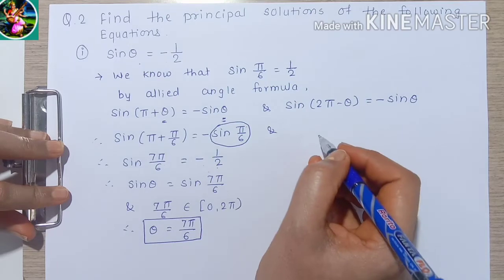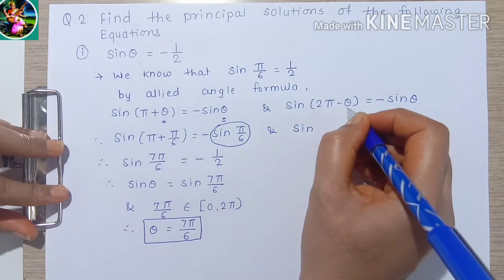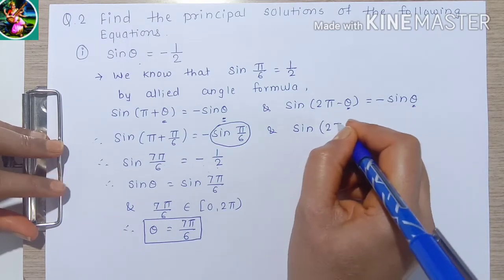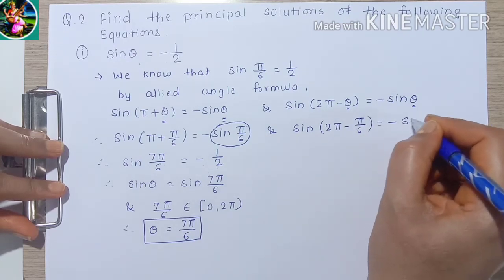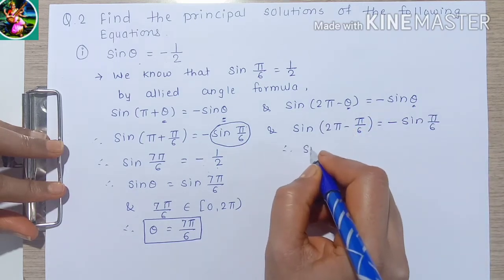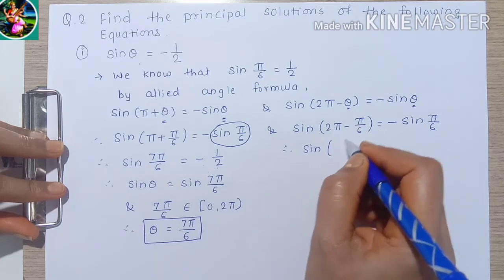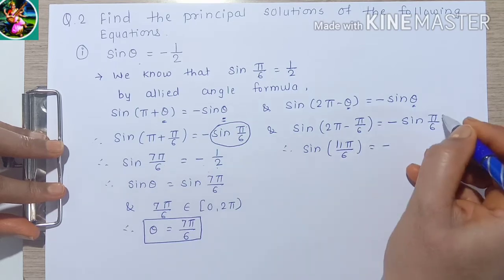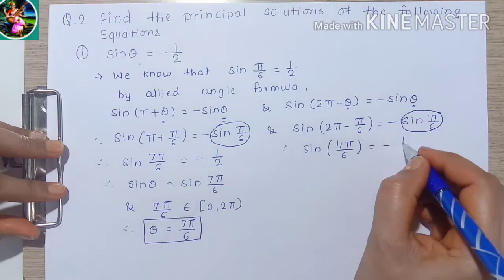And for finding another solution, here also we replace this theta by pi by 6. Therefore, sin of 2 pi minus pi by 6 is equal to minus of sin of pi by 6. Therefore, after cross multiplication, here we get 12 pi minus pi, that is 11 pi by 6, is equal to minus of, here we substitute the value of sin pi by 6, that is 1 upon 2.